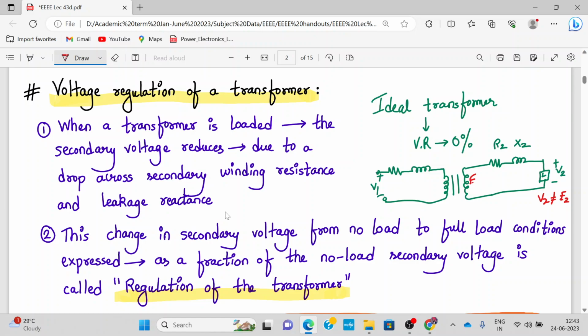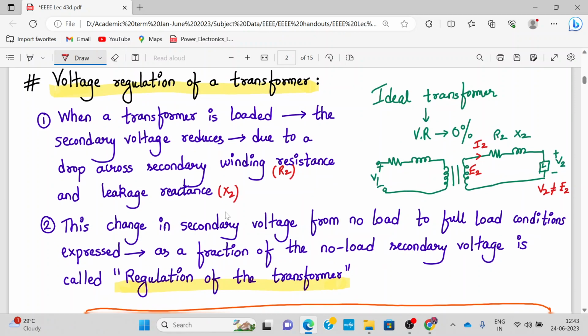E2 is the mutually induced EMF, because whenever current flows through this R2 and X2, there will be a voltage drop. The voltage drop exists because of the secondary winding resistance, which is R2, and the leakage reactance, which is X2.